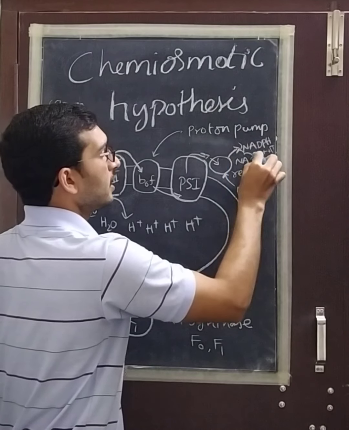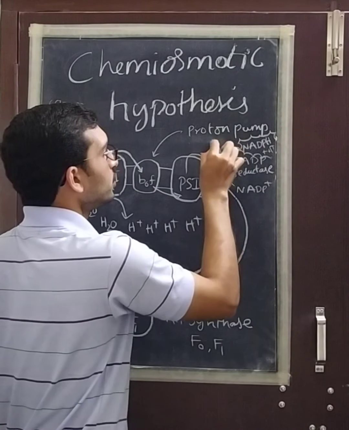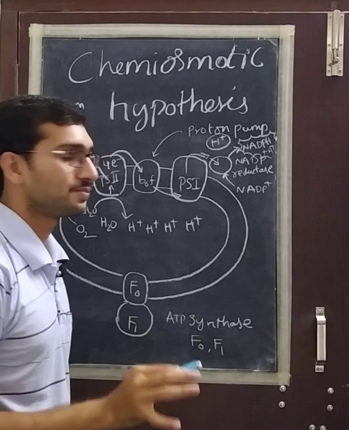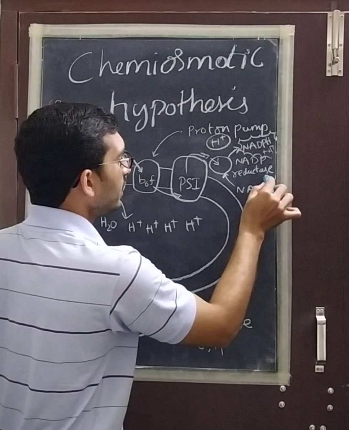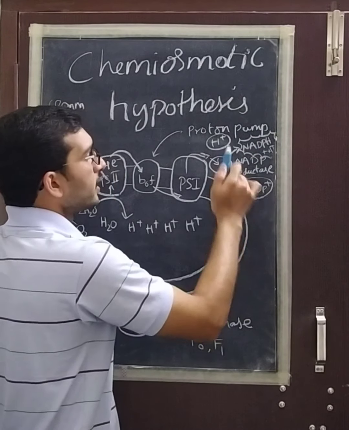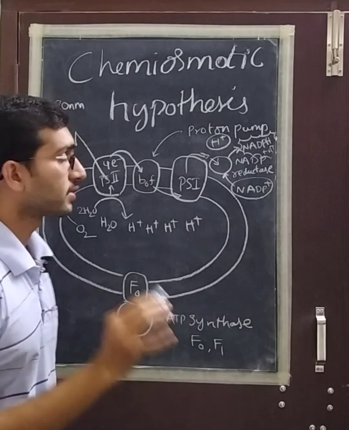So this is the energy rich molecule which is reduced, and it has utilized the H plus ion which is present in the stroma. Clear? So NADP is oxidized but it is reduced and it has been combined with the H plus ion.